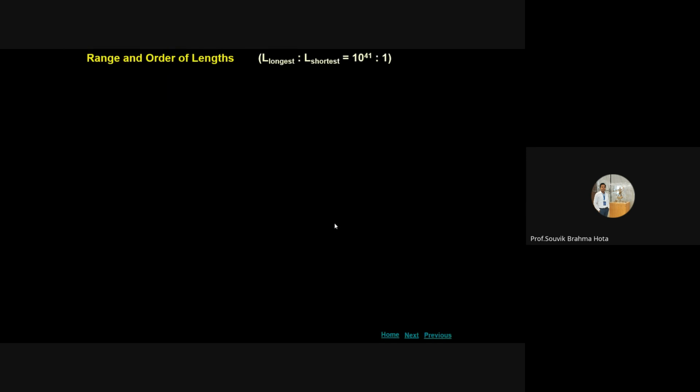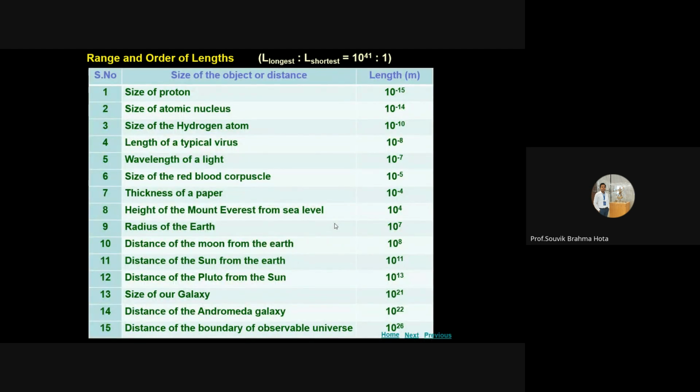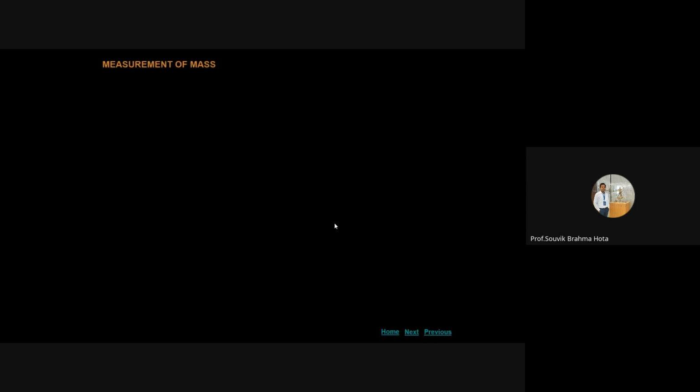Now range and order of length, from the longest to the shortest. So these are the ranges, like size of proton 10 to the minus 15, from Fermi going up to 10 to the power 26.